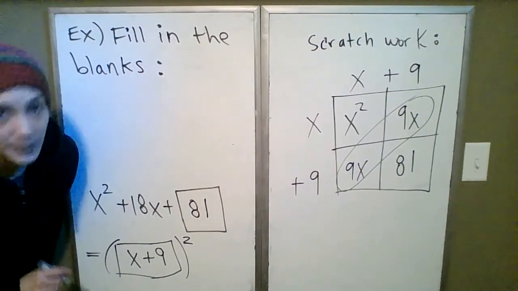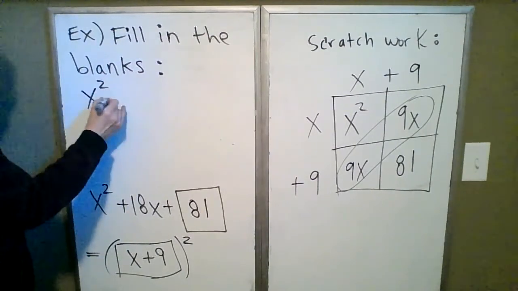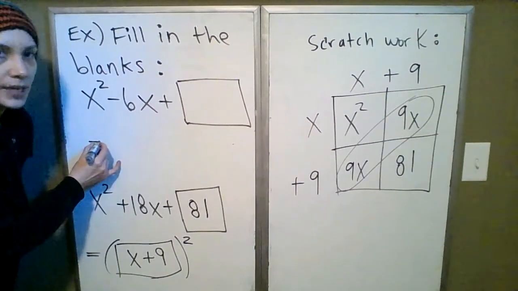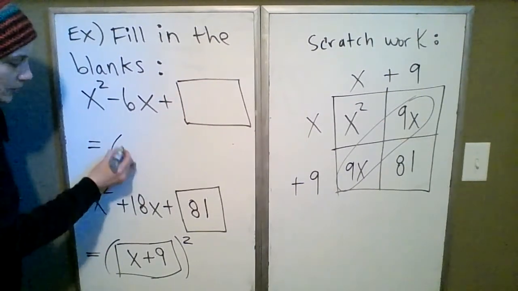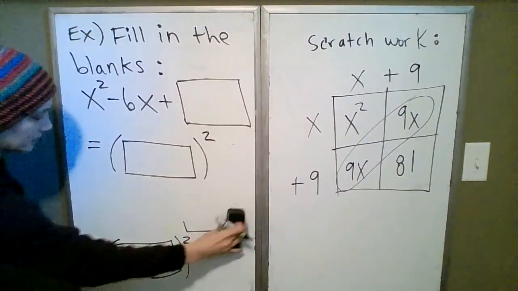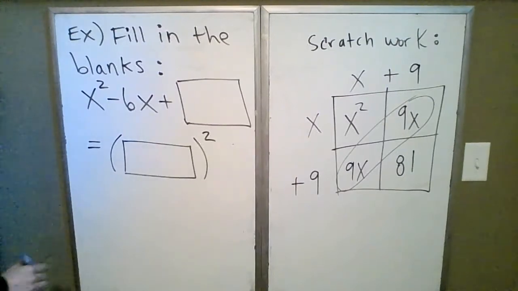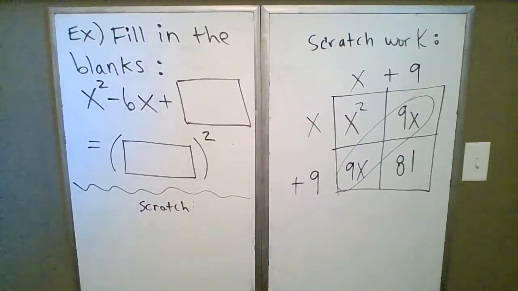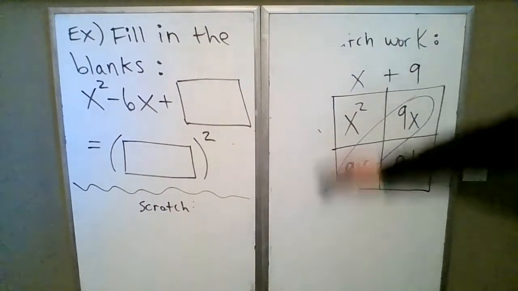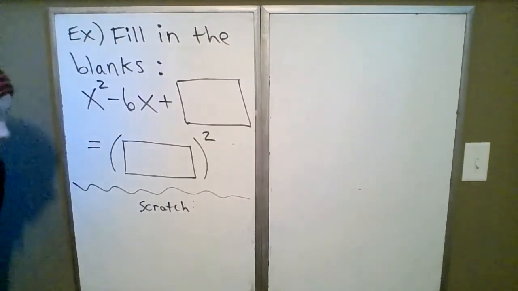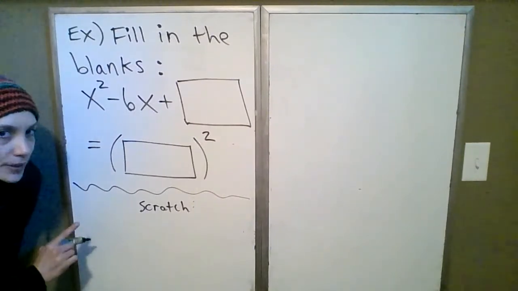Let's see, x squared minus 6x plus some number can be written as something squared. Let's find that number that you need to add.